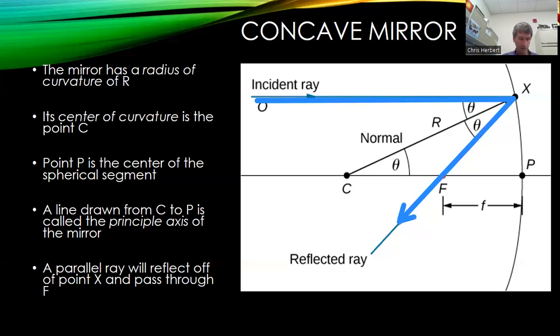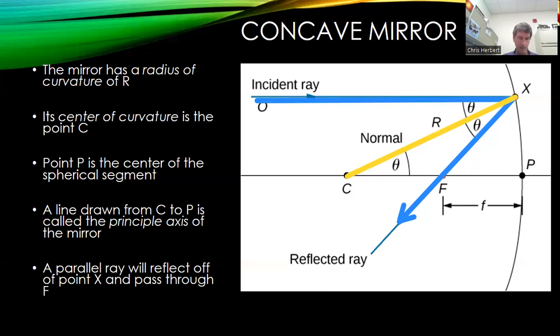And the reason for that is, if I take a line normal to the surface to the center of curvature, that essentially being a normal line, if I define the angle of the two rays, incident versus reflected, our angle of incidence has to equal the angle of reflection for the law of reflection.